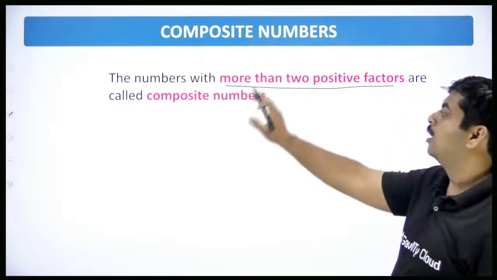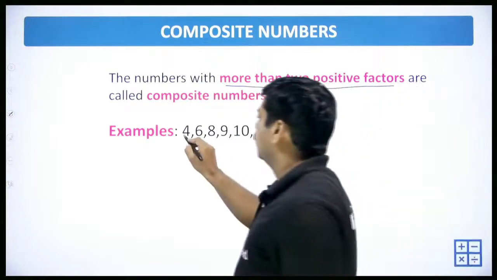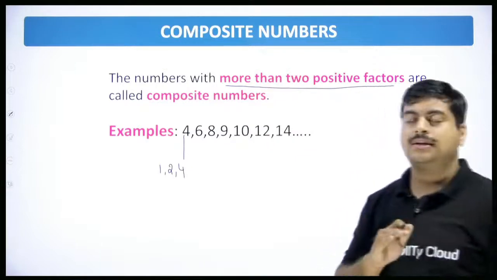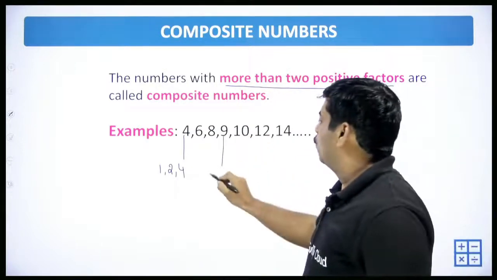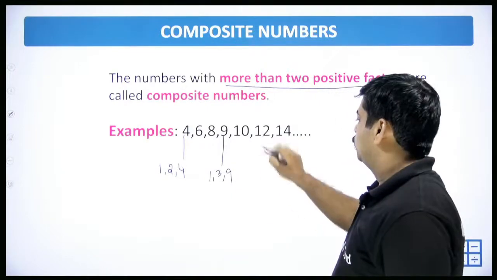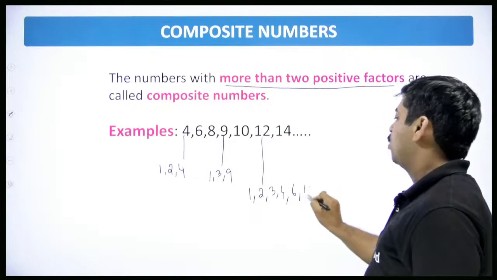We have a few examples here. Number 4: 1, 2 and 4 are the factors, there are 3 factors. 9: 1, 3 and 9 are the factors, more than 2. 12: 1, 2, 3, 4, 6, 12, we have a lot of factors here.